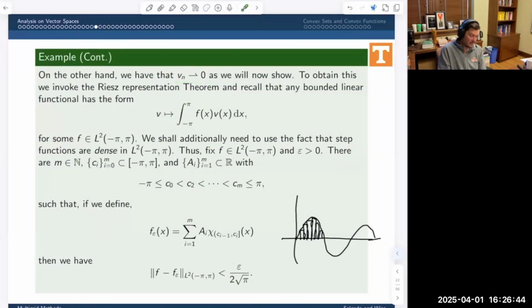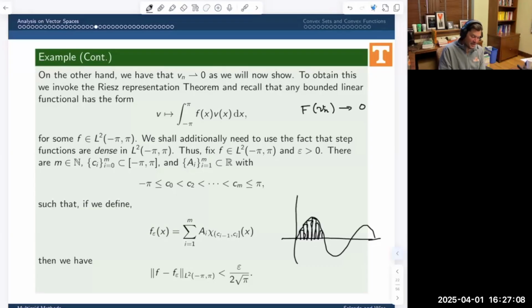And the reason it's weakly convergent is because for every bounded linear functional, which can be uniquely represented like this through the Riesz representation theorem, we can show that that linear functional applied to Vn converges to 0.